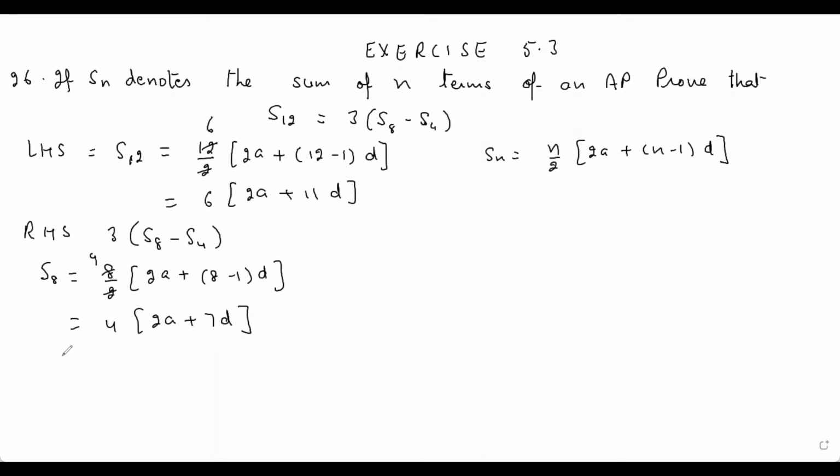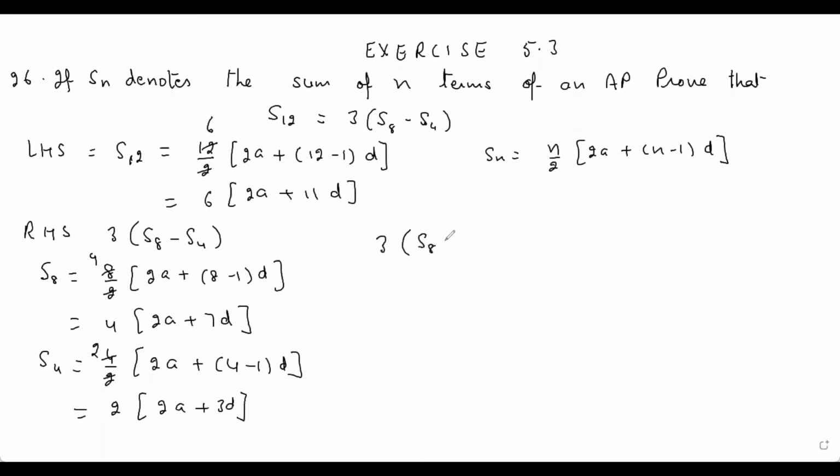And S4 is equal to 4 by 2, 2a plus 4 minus 1 d, which is 2, 2a plus 3d. Now substitute these values in 3 S8 minus S4.